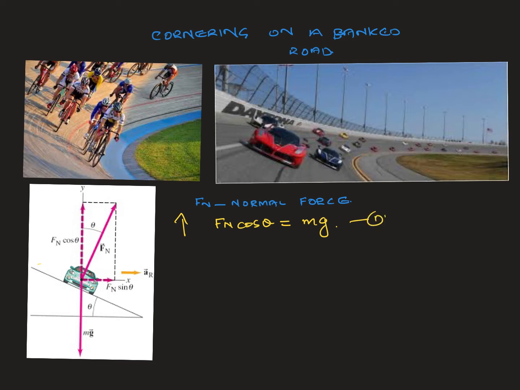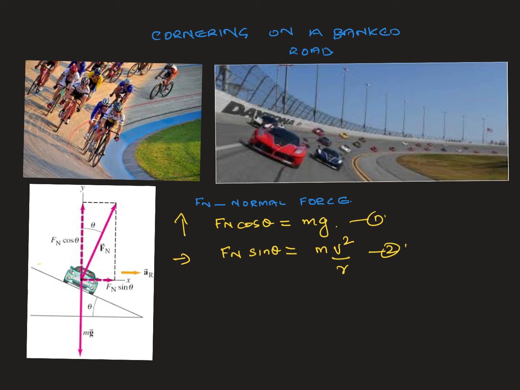And horizontally, the centripetal force is the horizontal component of the normal force. So that means Fn sin theta is equal to mass times acceleration, mv squared over r. Let's call this equation 2.